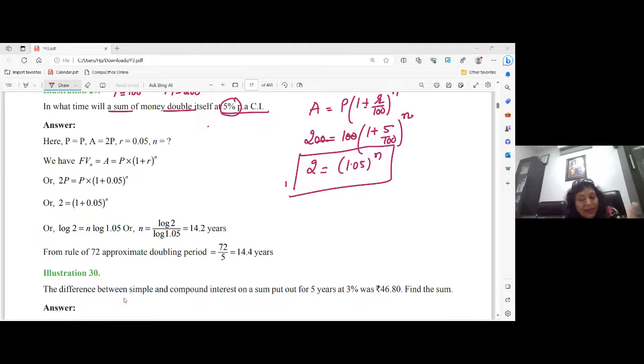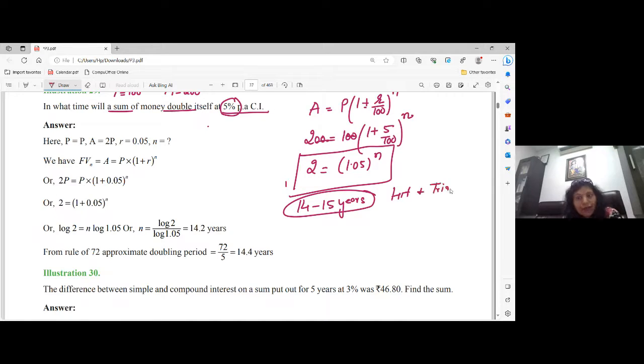Now we have to find out the power, till we get to 3, 4, 5, 6, 7, 8, 9, 10, 11, 12, 13, 14. In 1.05 raised per 14, it's 1.97. And in 1.05 raised per 15, it's 2.07. It means my answer lies between 14 to 15 years.